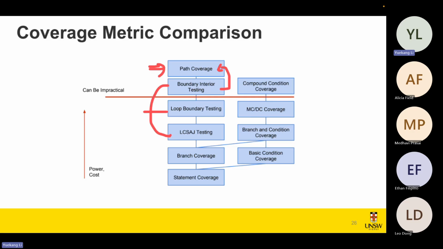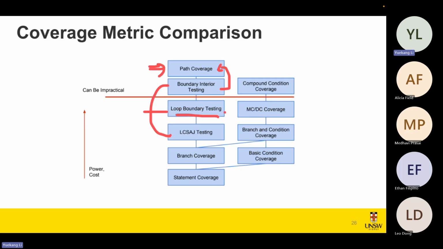Every time we encounter a branch, it doubles the count of the paths. So this is also sometimes impractical. And loop boundary testing is very, very manageable, because we just care about looping 0 times, exactly once, and more than once. So this is more manageable.